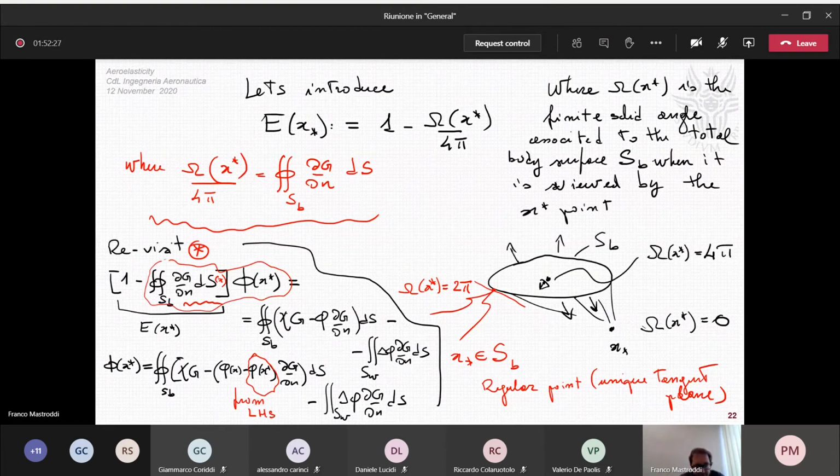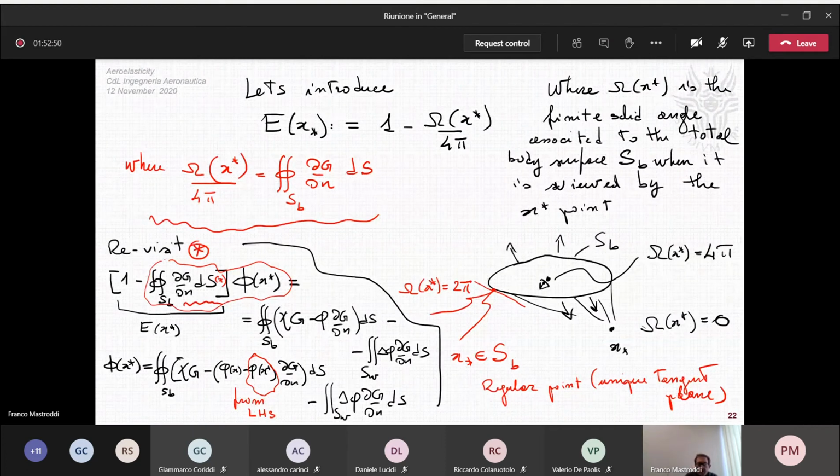And what is the advantage of this integral formula? This integral formula is independent of the nature of the x star point. We don't care if x star is on the surface, is inside, is outside. This is a general formula. It's a very general formula for the boundary integral equation.